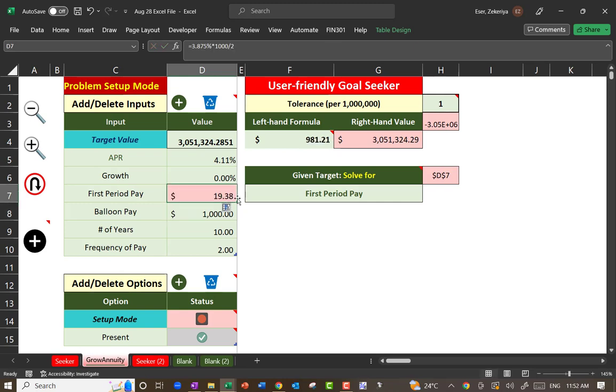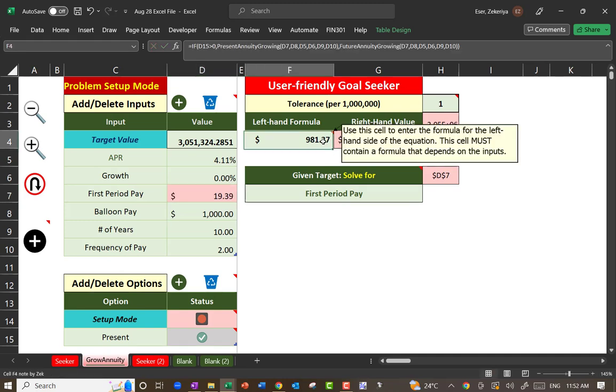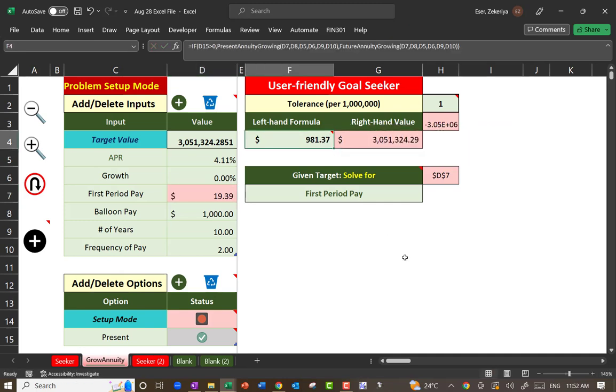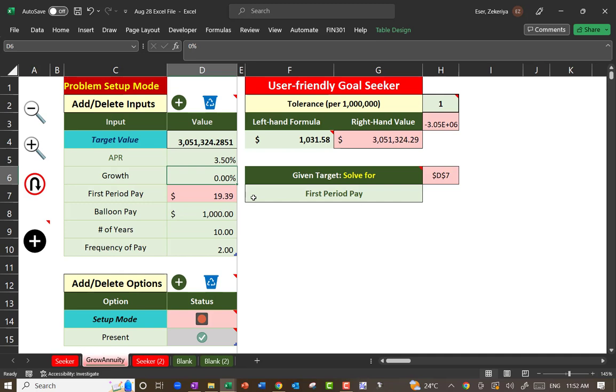So the value of that bond would have been 981. So if the interest rates go up to 5%, that value goes down. Interest rates come down to, let's say, 3.5, that value goes up.